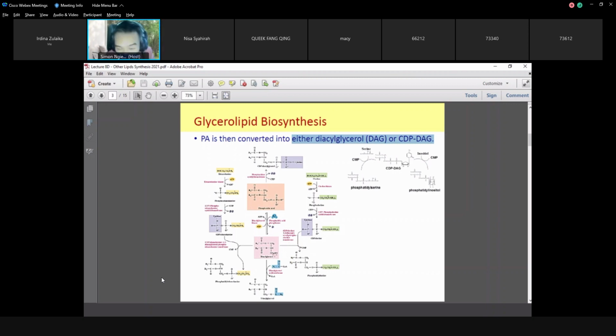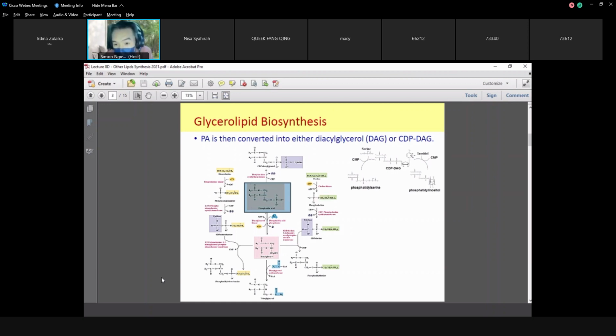Basically your CH2OH. So this is your diacylglycerol, which can then be further converted into many different kinds of products. So the main starting material is this, before various kinds of modification are done to this structure.